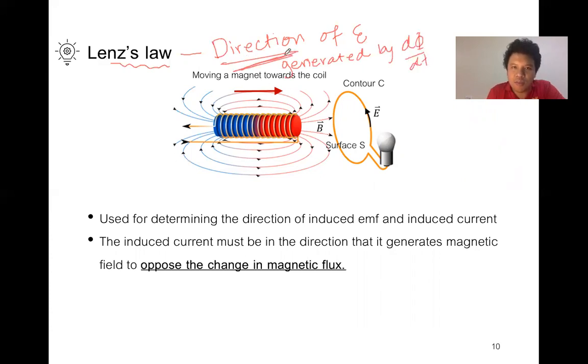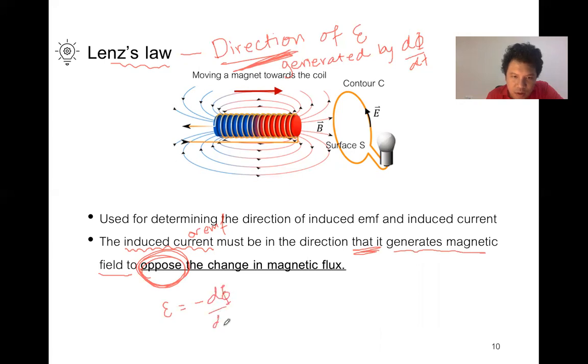We use Lenz's law to determine the direction, and Lenz's law states that the induced current or induced EMF must be in the direction that generates a magnetic field to oppose the change in magnetic flux. So the idea of being opposite is why we have the minus sign here.